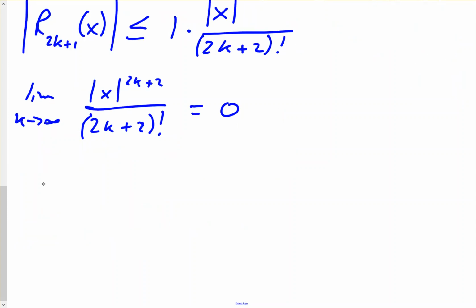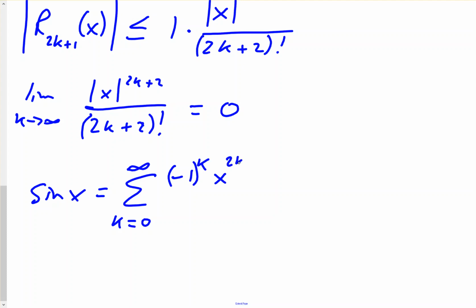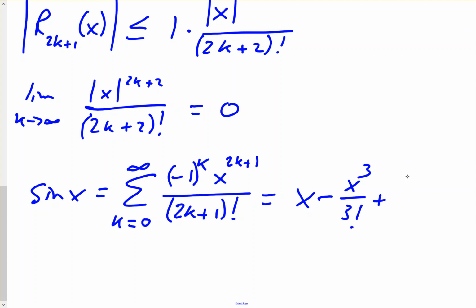Right, so we could say that sine of x is equal to summation k equals 0 to infinity of -1 to the k power times x to the 2k plus 1 over 2k plus 1 factorial, which is equal to our x minus x cubed over 3 factorial plus x to the 5th over 5 factorial minus x to the 7th over 7 factorial plus so on and so forth.